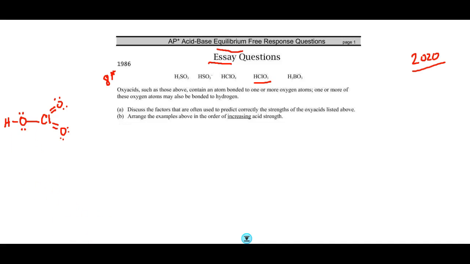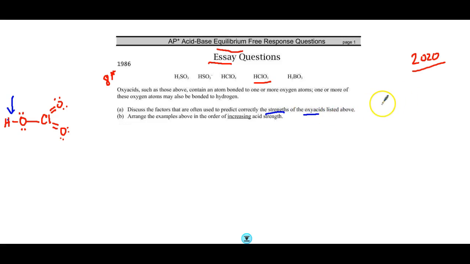Okay, so what's important here to note is that the hydrogen that is going to be released is always going to be attached to an oxygen. This hydrogen is attached to an oxygen, never to the central atom in an oxyacid. So when we look at these, that's really important to understand. So it says discuss the factors that are often used to predict the strengths of an oxyacid, those listed above.